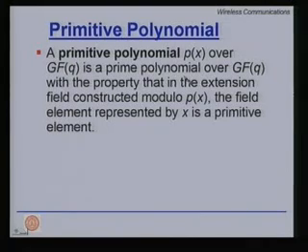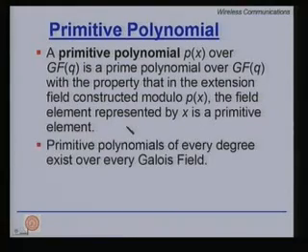Now, we also know that it is possible to create an extension field from a subfield. But the property of this primitive polynomial is that in the extension field constructed modulo P of x, the field element represented by x is a primitive element. We will look at an example to illustrate the point.